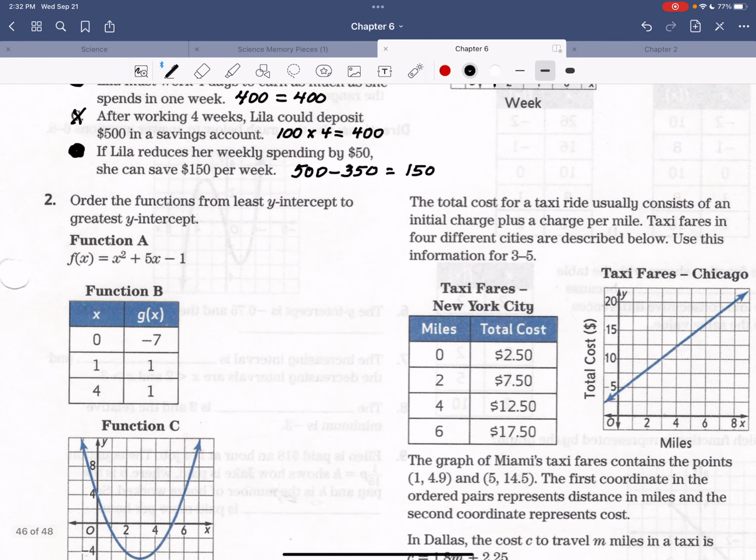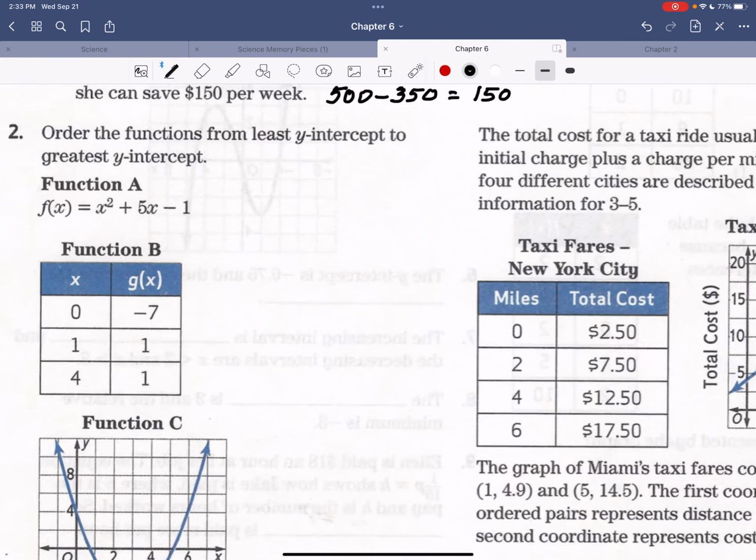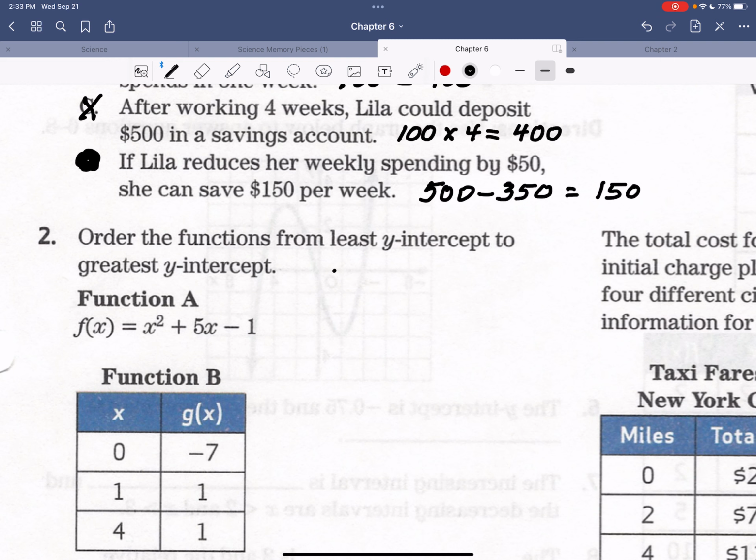Number 2, order the functions from least y-intercept to greatest y-intercept. So f of x is x squared plus 5x minus 1. Well, if you know your quadratic formula structure, you know that the -1 is the y-intercept.